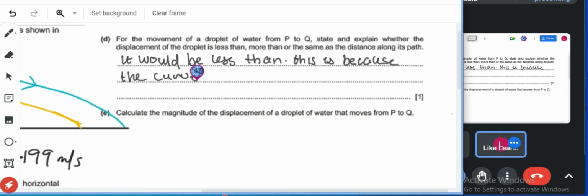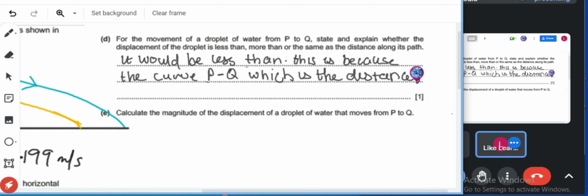The curve P to Q, which is the distance, you can put it in bracket, or whichever way you want to write it, because the curve P to Q, which is the distance, is longer than the straight line PQ.